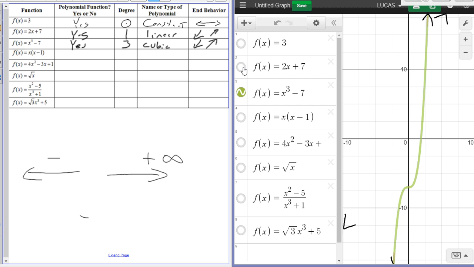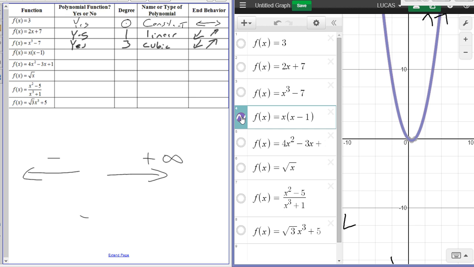Okay, well, f of x equals x times x minus 2, we can see is going to be a parabola, because if we distribute that x through, it's going to be x squared, so that makes it a second degree polynomial. Okay, and again, this is called a quadratic.